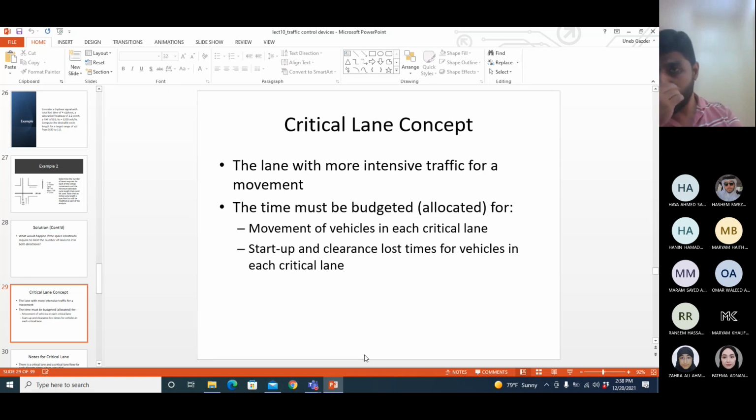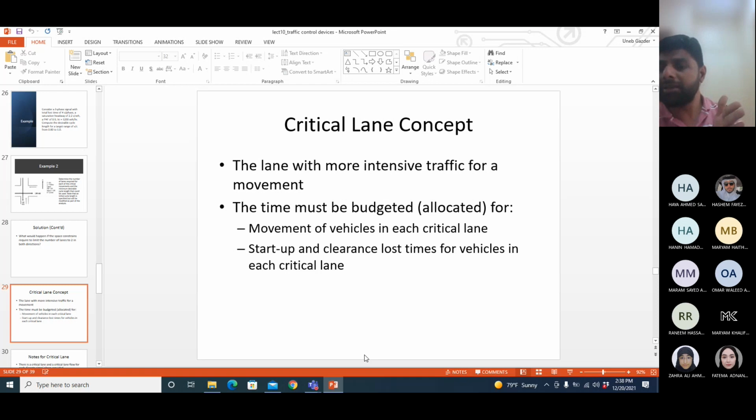Okay, and when you are calculating startup loss time or clearance loss time, again it is calculated for the critical lane. So for startup loss time, I showed you the graph as well, and I explained last time that you have to go to the signal and then write down the headways between the vehicles.